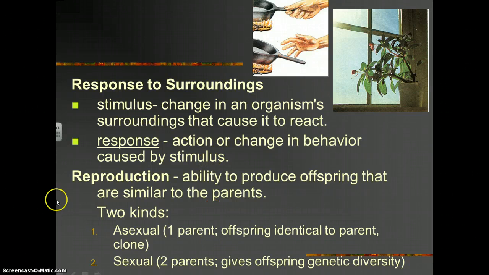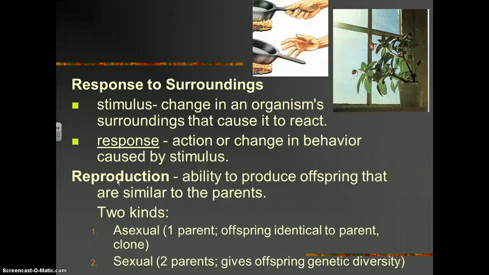The other one that we had talked about was reproduction, and yesterday I told you normally we think about sexual reproduction, the two organisms that will make a baby. They make an individual that has characteristics from both parents. Asexual reproduction means one parent and it's a clone.